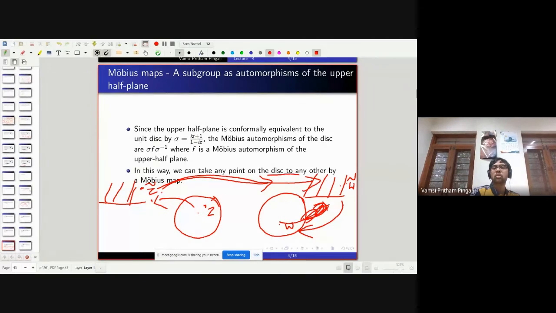So you go from here to here, here to here, and then here to here. The composition of these three maps is a Mobius map that takes this to this, okay? So you can take any point inside the unit disk to any other point by means of a Mobius map. The Mobius maps are very powerful. There are so many Mobius maps that you can accomplish this task. Okay?